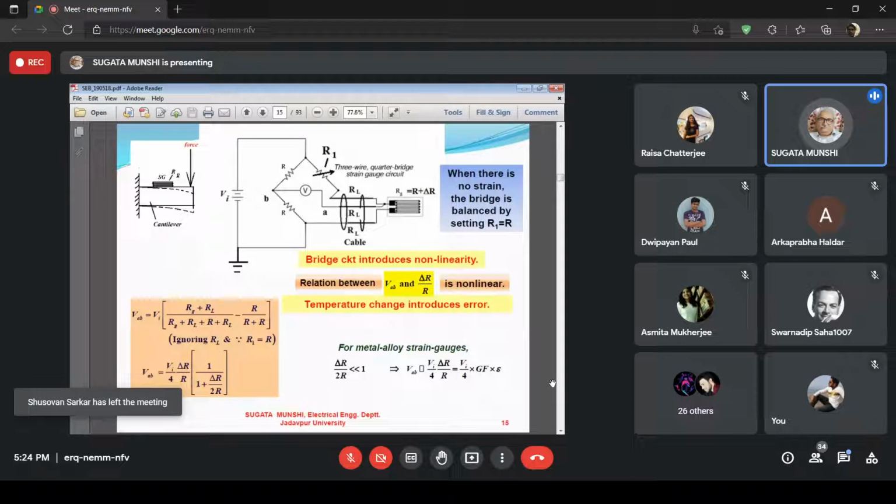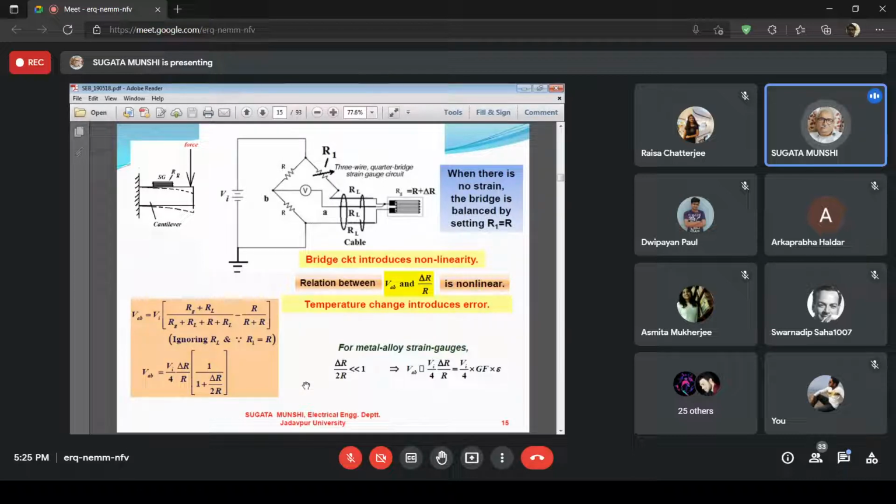For metal alloy gauges, you may consider this because the gauge factor is low. Delta R by 2R is very small compared to 1. So VAB for practical purposes will be VI by 4 times delta R by R. That means replacing delta R by R with gauge factor into epsilon, you find that VAB is proportional to epsilon approximately. That's a good approximation for metal alloy gauges.